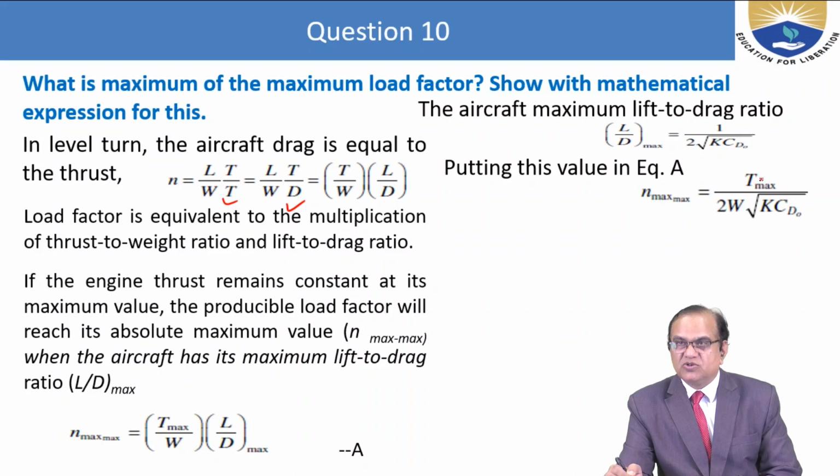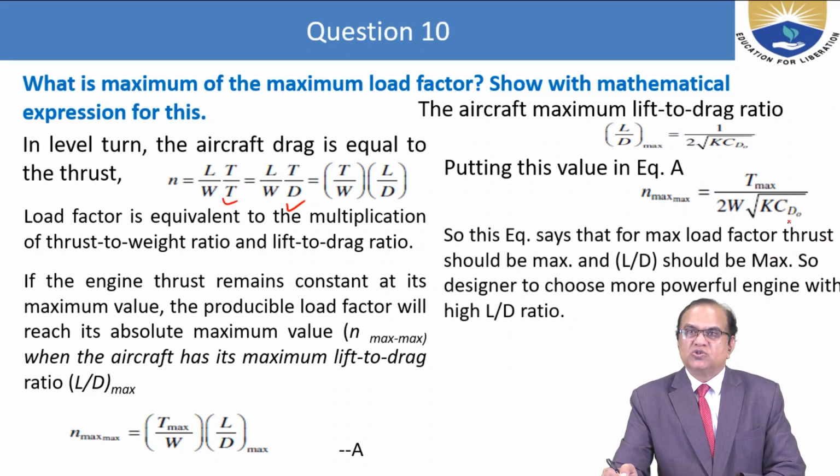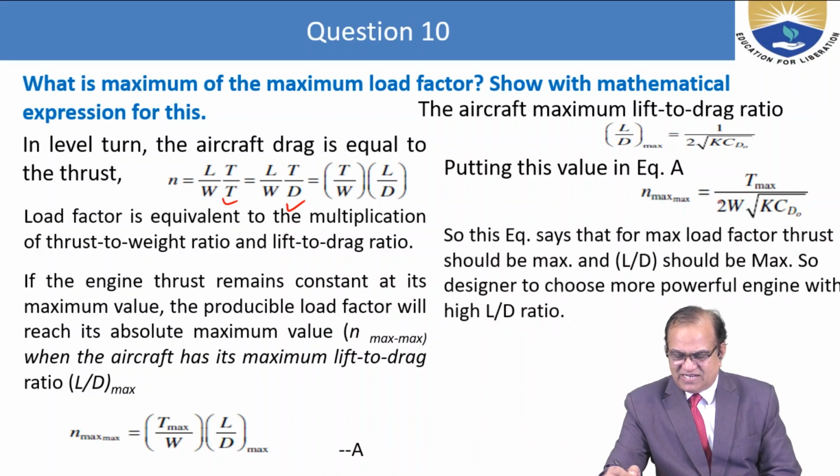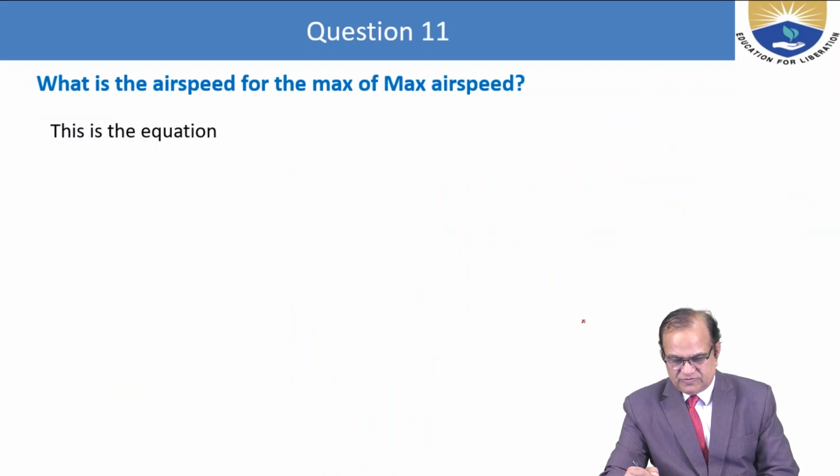So n max max is equal to T max divided by 2W under root K CD naught. So this equation says that for a maximum load factor, thrust should be maximum and L by D should be maximum. So the designer has to choose a more powerful engine with a high L by D ratio.